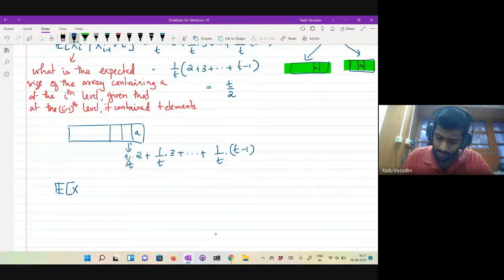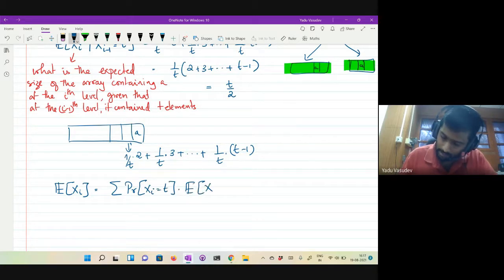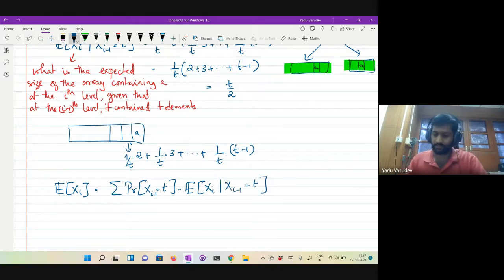So what is the expected value of xi? This is what we want to find now. This is the summation over t of the probability that xi minus 1 is equal to t, times the expectation of xi given that xi minus 1 is equal to t. This is something that we saw, of how to get expectation from the conditional expectations, for different values of t.